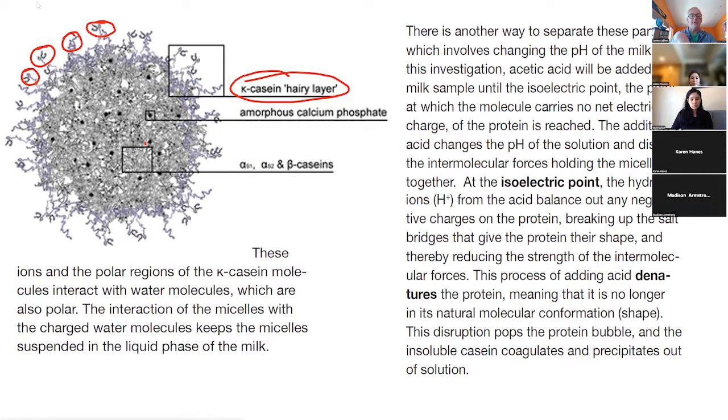And then we have calcium phosphate ions embedded in the micelle as well. And then we have these different caseins, 2 different alpha caseins and a beta casein.